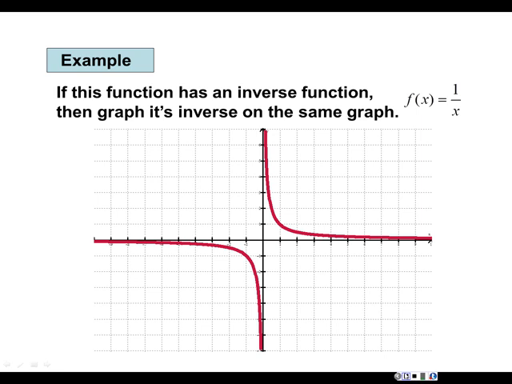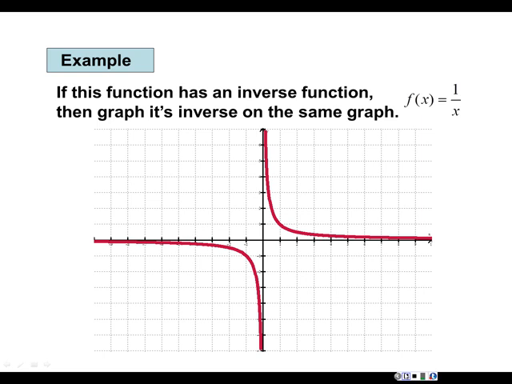Now we solve the equation for y. You multiply both sides by y first, and then you divide both sides by x. So this is what you get after you solve the equation.